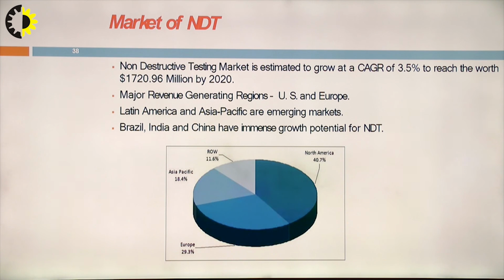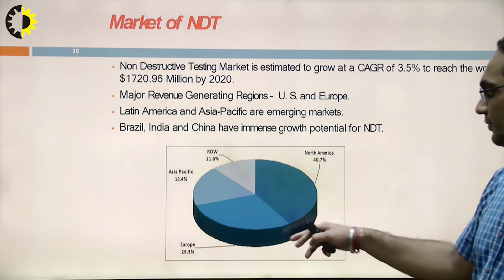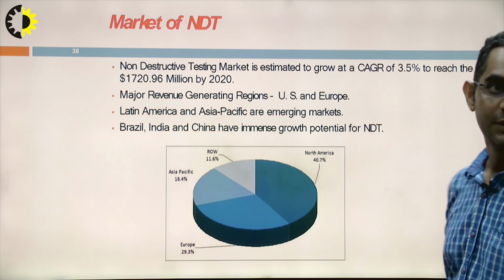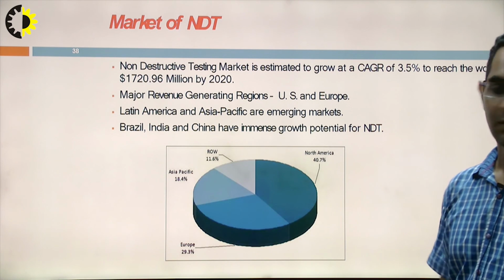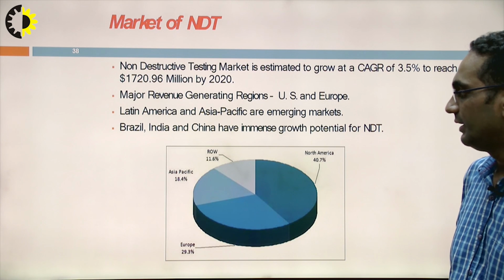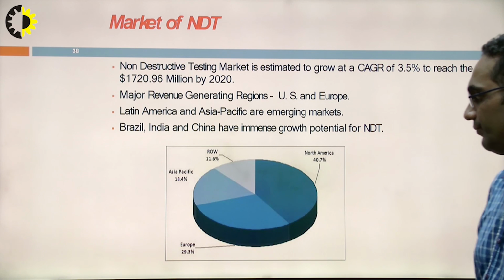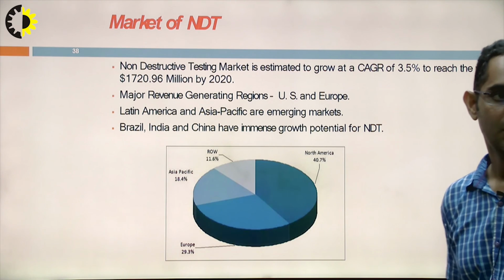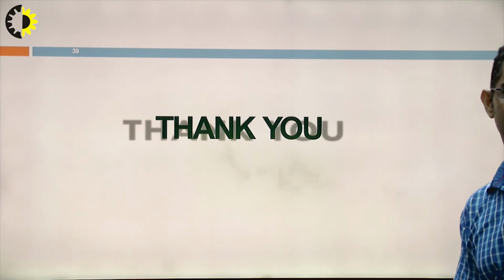North America holds 40.7%, then Asia Pacific 18.4%, Europe 29.3%, and the rest of the world the remainder.